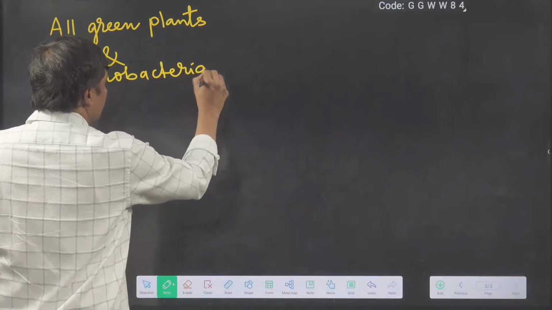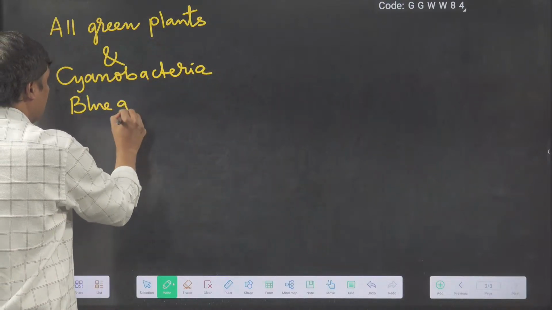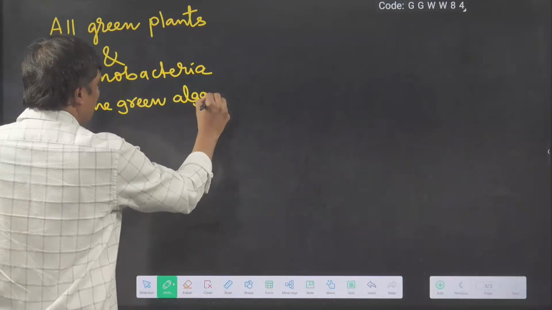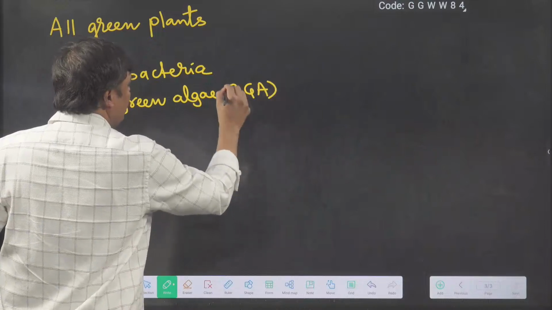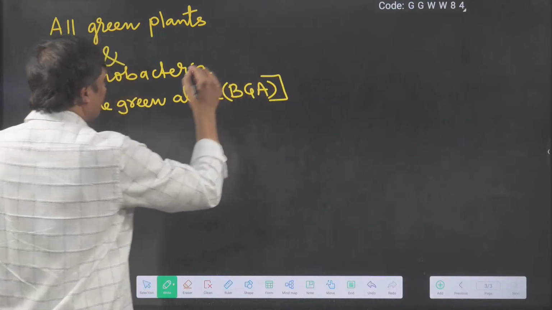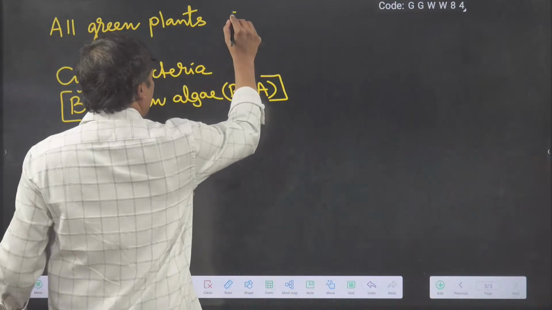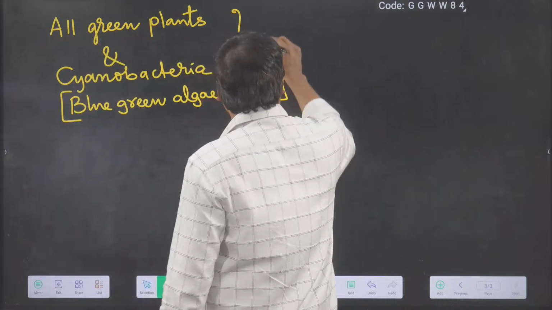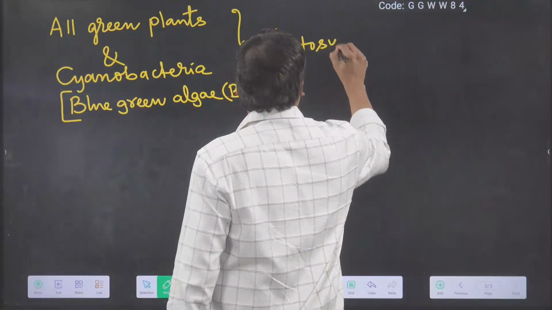These were previously called blue-green algae, in short, BGA. All green plants and cyanobacteria synthesize their own food material by a process called photosynthesis.